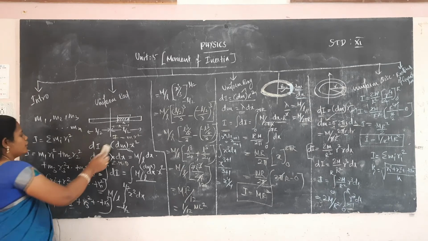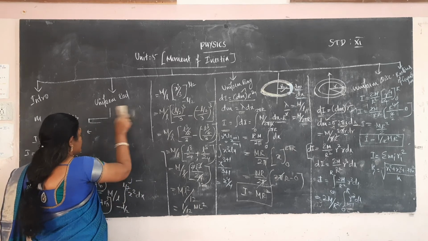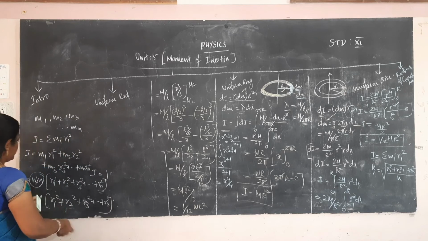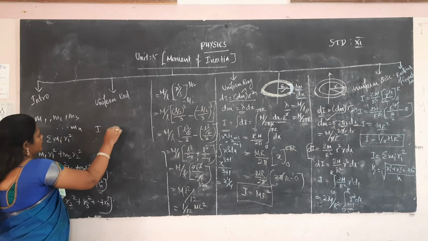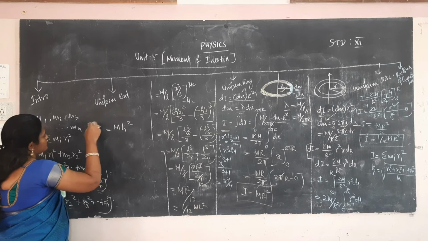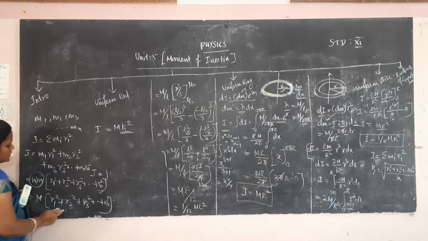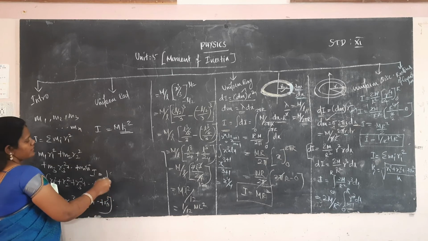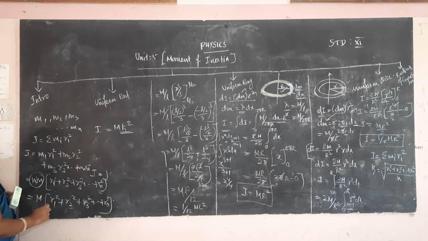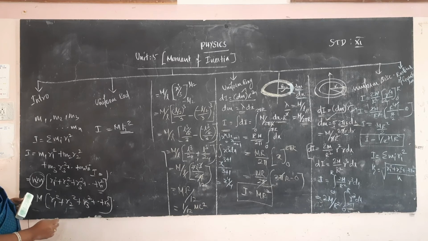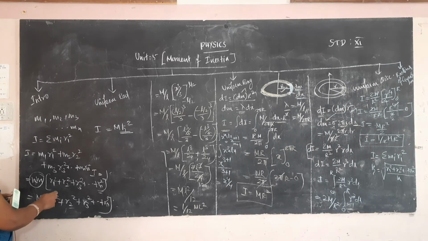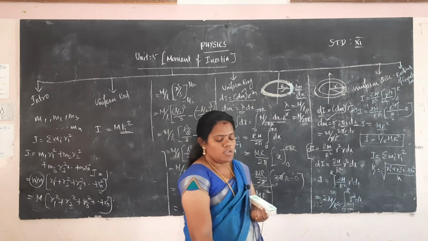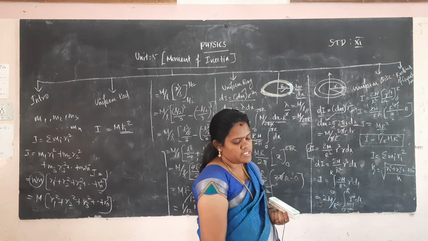Now this term is mentioned with k, so I is equal to M into k square. The term r1 square plus r2 square plus r3 square up to rn square is mentioned with k square. This k value is the radius of gyration.